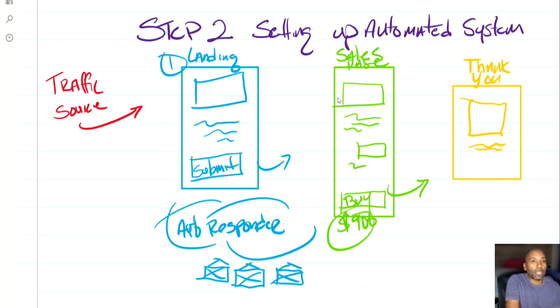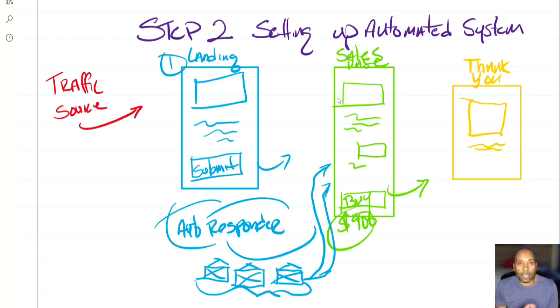On a specific date, we can have these emails sent out and send them back to the sales page, and increase my chance of getting a sale in case they did not buy the first time. This is basically the system.